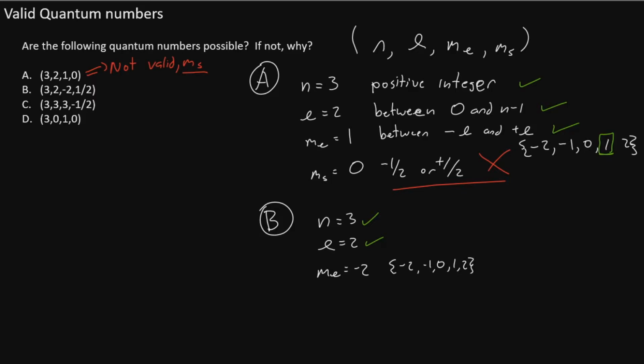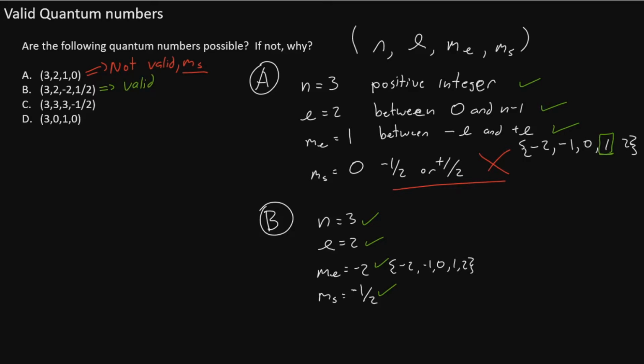Negative 2 is on the list, and so it matches. We are also given an MS value of negative 1/2. Now MS can either be negative 1/2 or positive 1/2, and so this number is fine. So we'll say configuration B is valid.